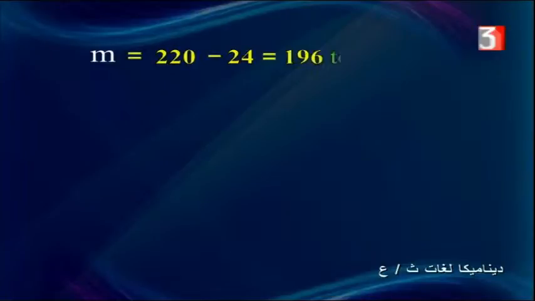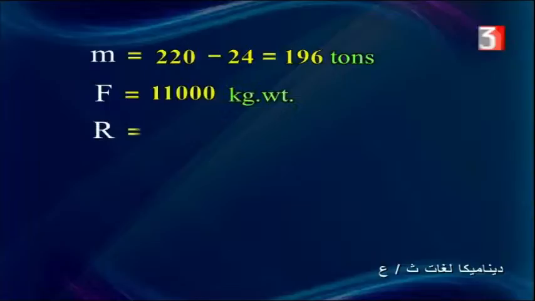Then the mass of the remaining part of the train equals 196 tons. The force acting on the remaining part, F, equals 11,000 kilogram weight, and the resistance equals 50 kilogram weight per each ton.